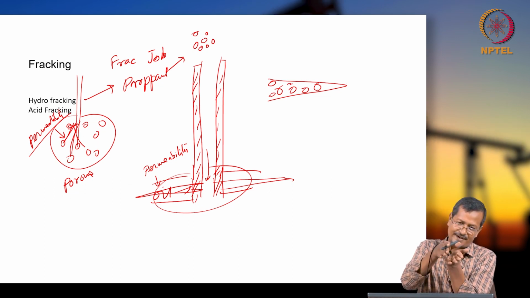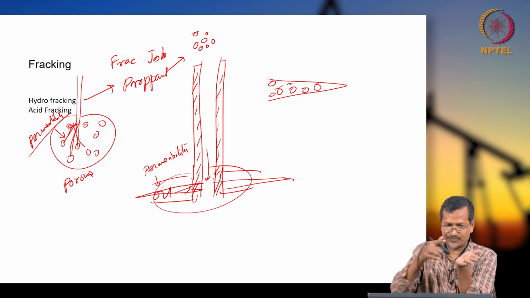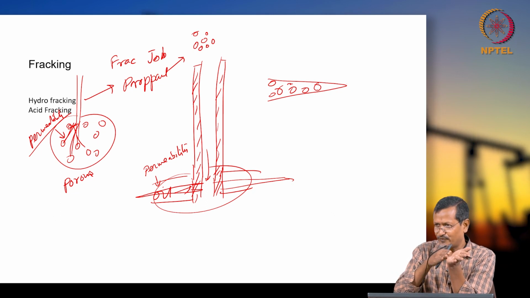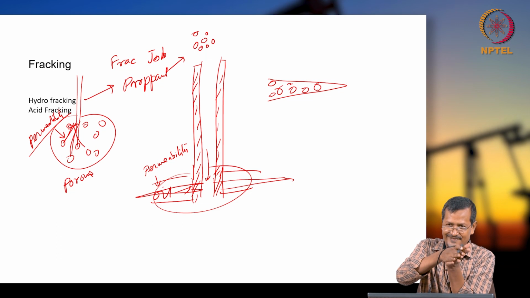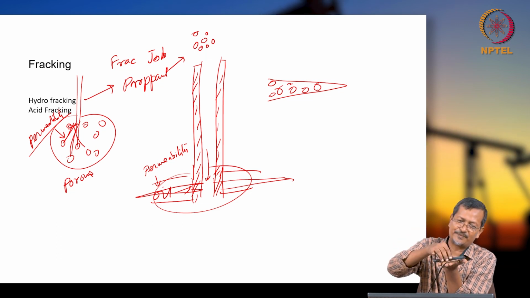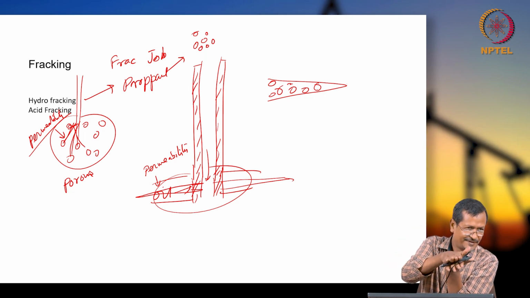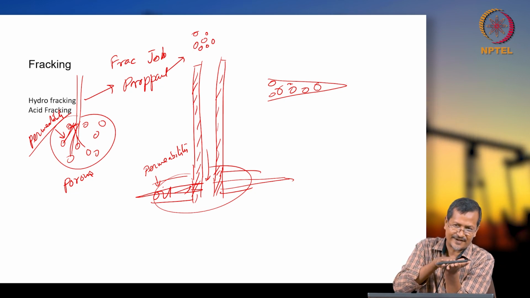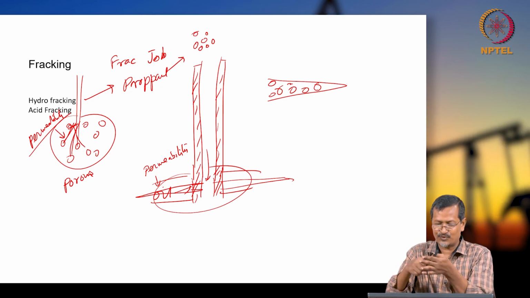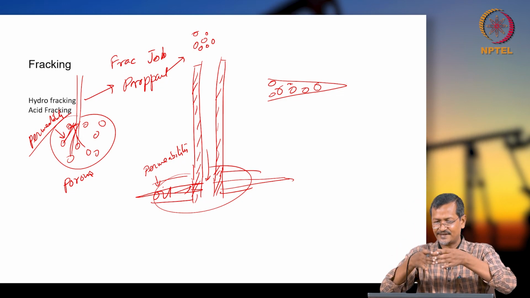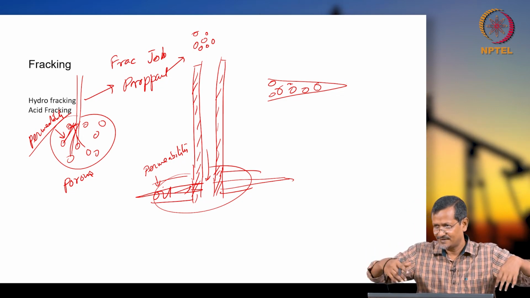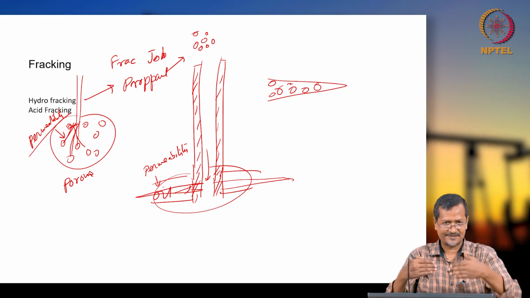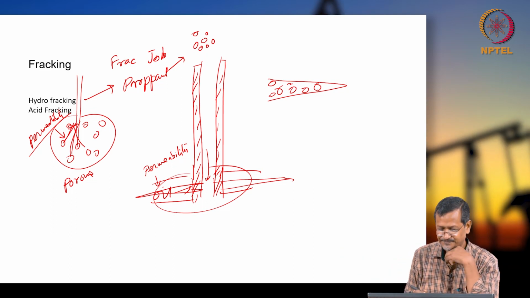So sand will create a porous area. So fluid, oil and gas will be moving through the sand pores, but it will not close completely. Like say this is sand, then it will be like this, and it will open, right? So then you are getting connectivity, longer connectivity. The hole is here, but this whole area is broken. So that will be giving more oil and gas into your wellbore.